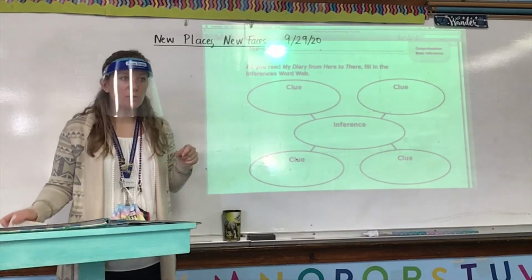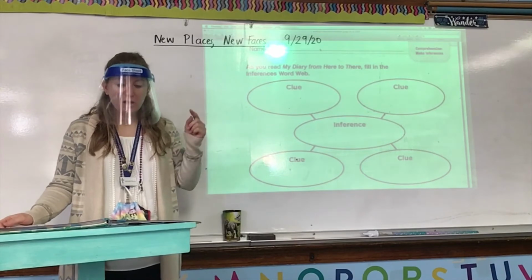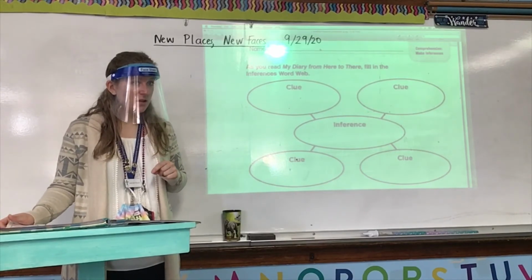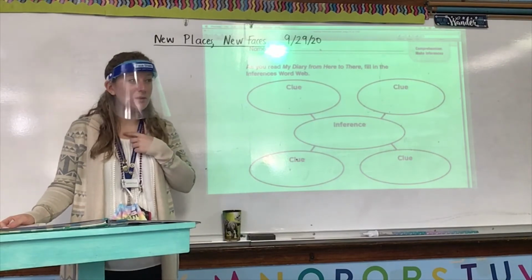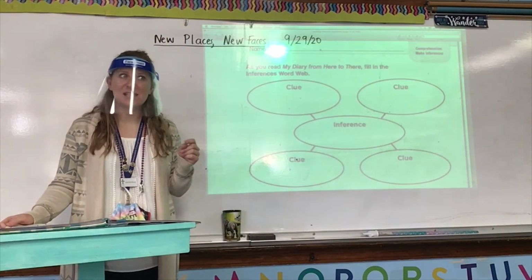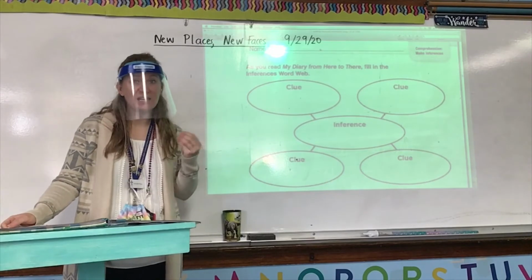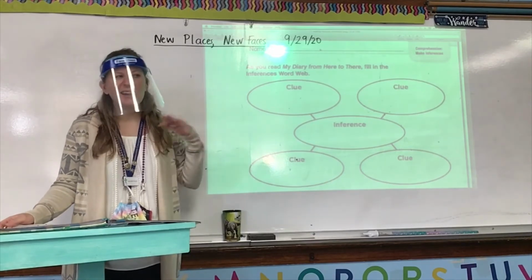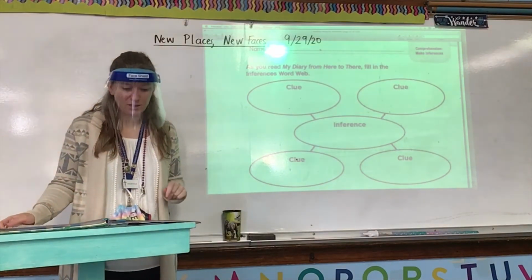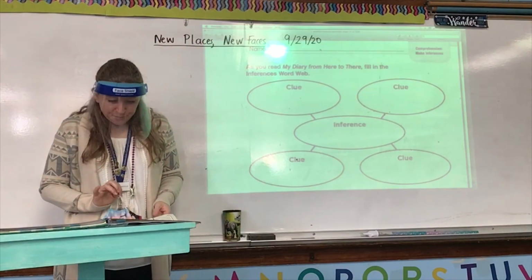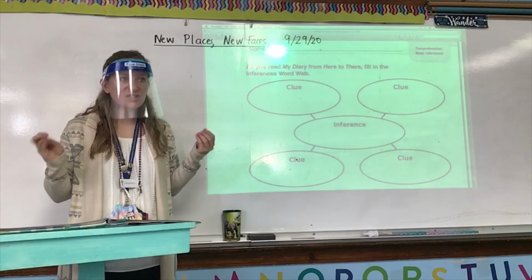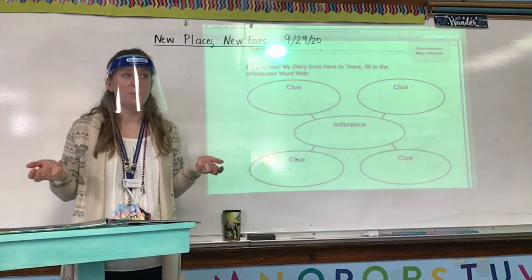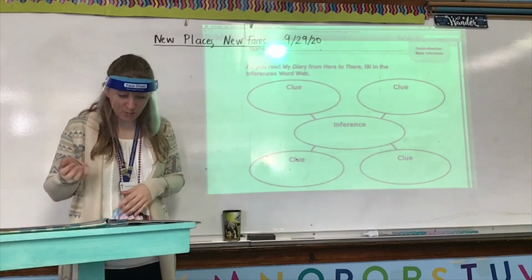Making inferences requires you asking yourself, is this important? And why is it important? Because once you know why it's important, then you can say either, yes, I need to include it as a clue, I'm going to need to think about this later, or no, it's probably okay for now, I can leave that alone. So as you're reading, you can generate or come up with questions about what you're reading.